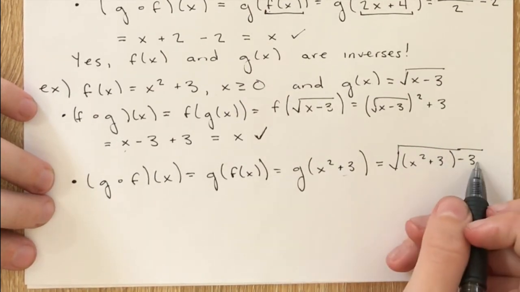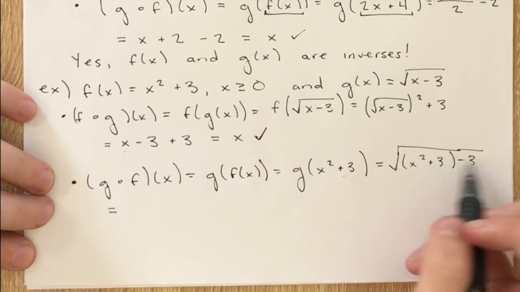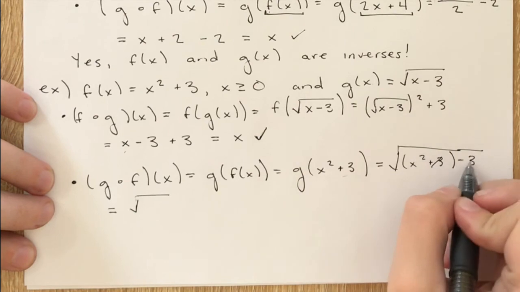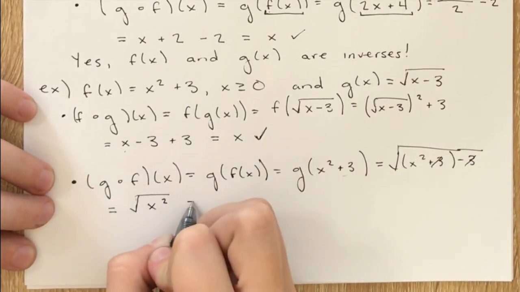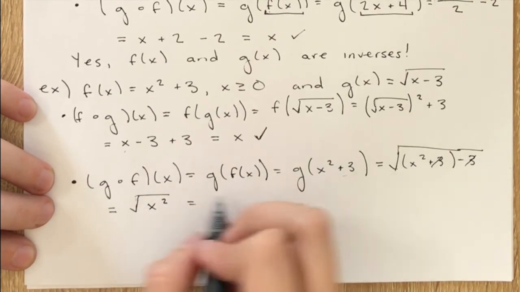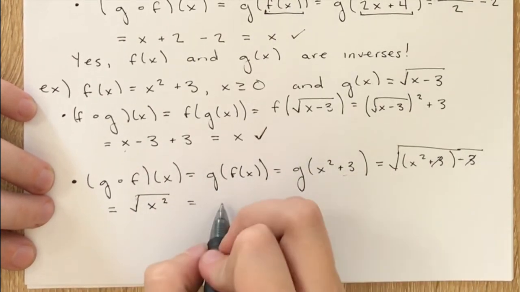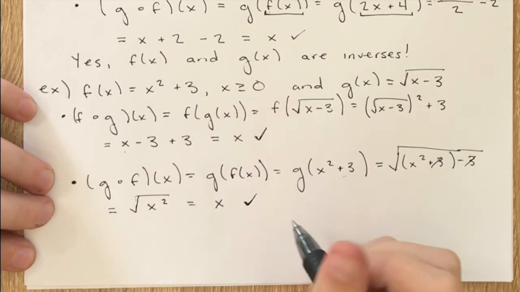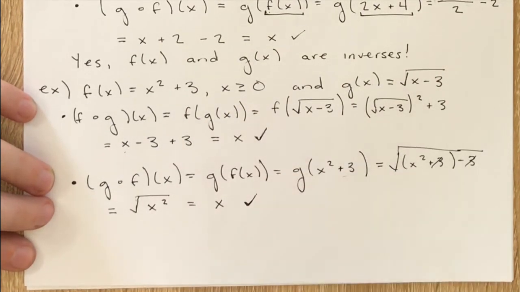So again, plus 3 minus 3 is going to cancel. So we have the square root of x squared. Square root is asking us kind of the opposite of squared, so we're just left with x. So both of these give us x, which means that these two functions are inverses.